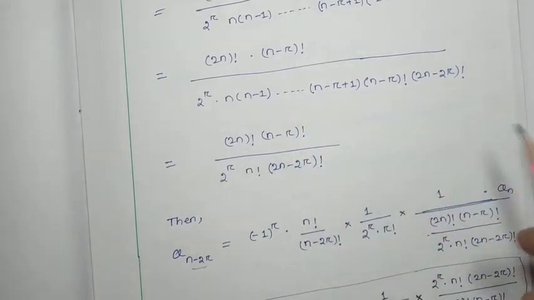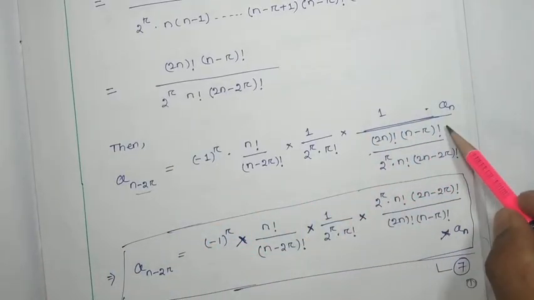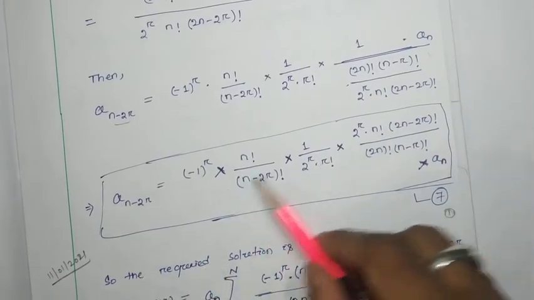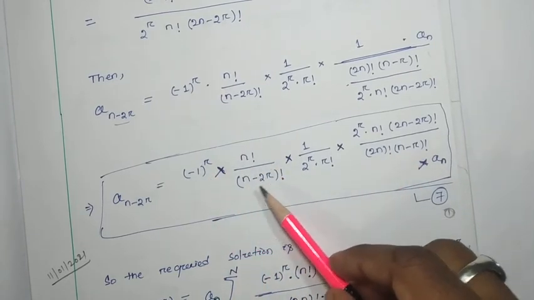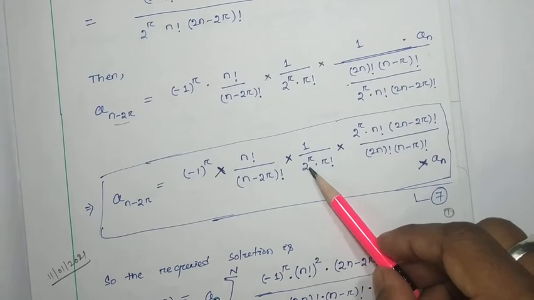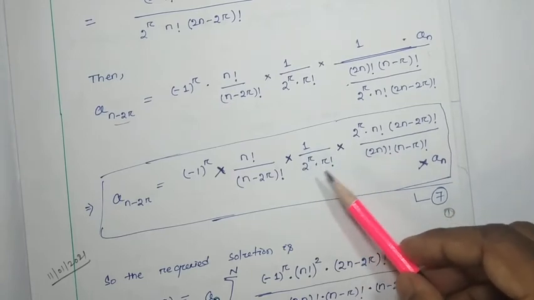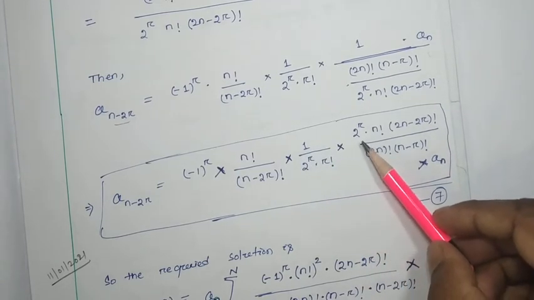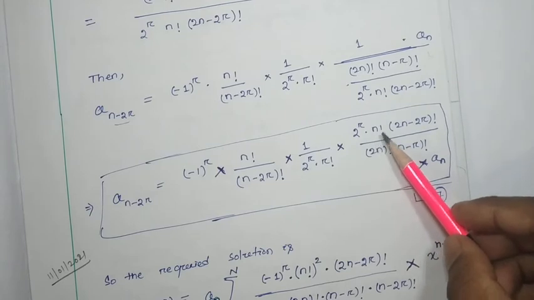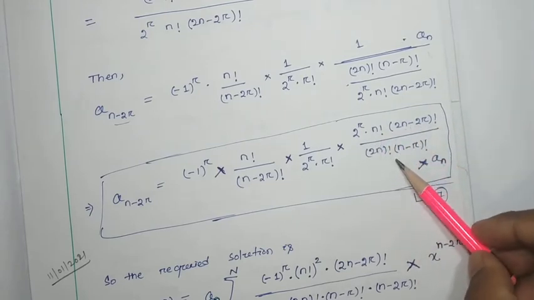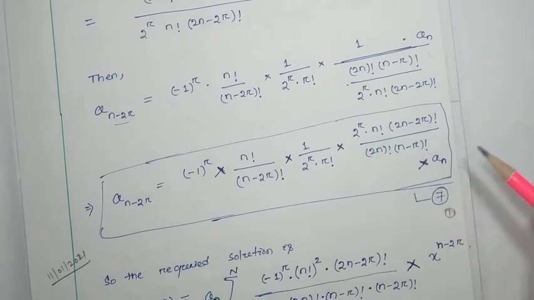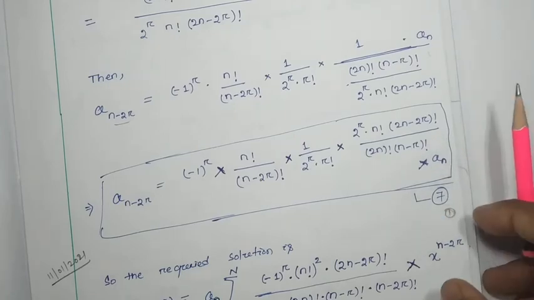We just put it over there and we found this one, and systematically I have written that minus 1 to the r, n factorial by (n minus 2r) factorial into 1 by 2 to the power r into r factorial into 2 to the power r into n factorial into (2n minus 2r) factorial divided by 2n factorial into (n minus r) factorial into a subscript n. Let it be equation number 7.